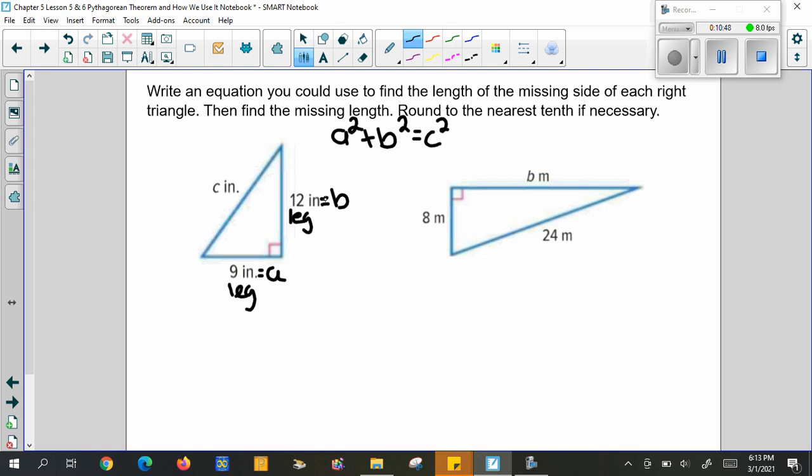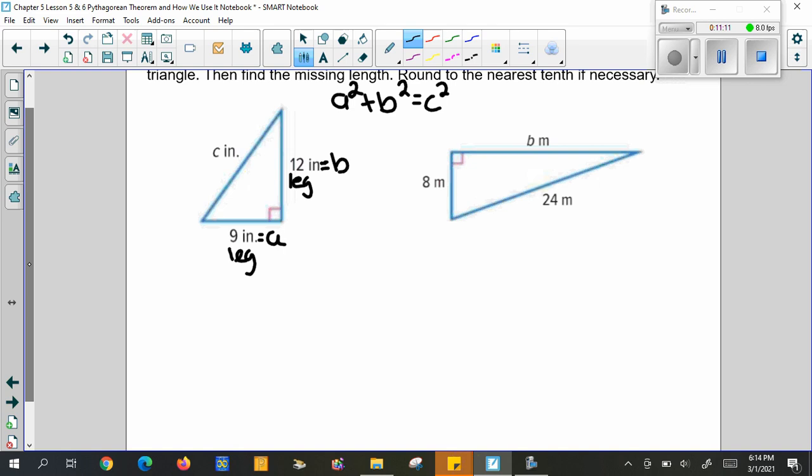I am going to also tell you that it actually does not matter which one is A, which one is B. The only measurement that has to be in the correct spot is C, the hypotenuse. Let's go ahead and put the pieces into the equation. Here, let me use some color coding.